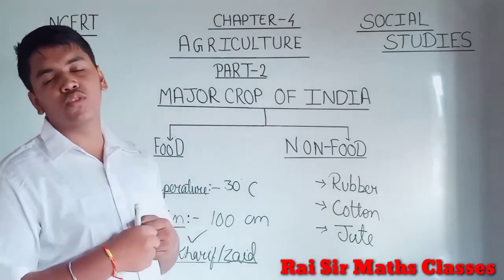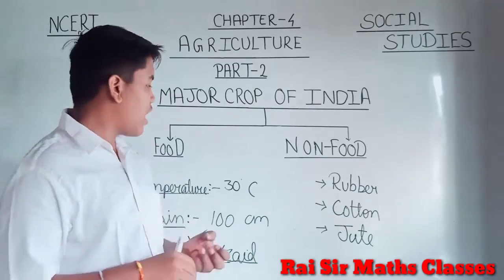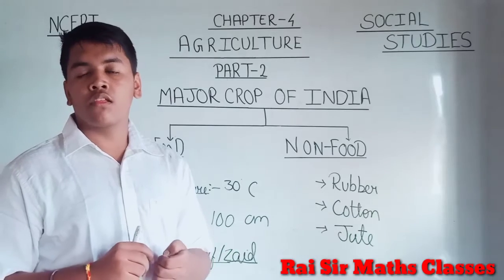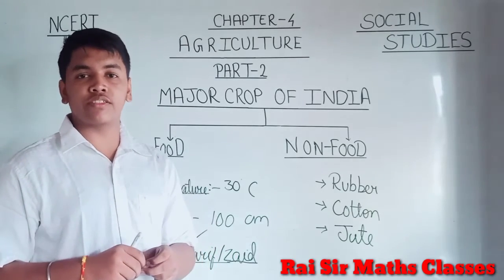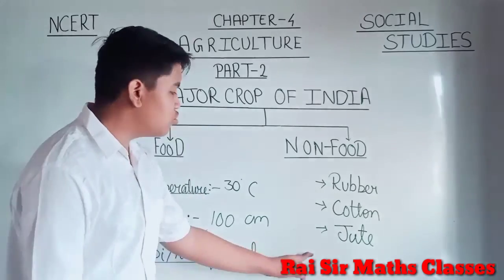So jute, you have seen that in India, the grains which we have studied in the food items, that is wheat, rice and pulses, are packed in a brown colored bag which is made of jute.